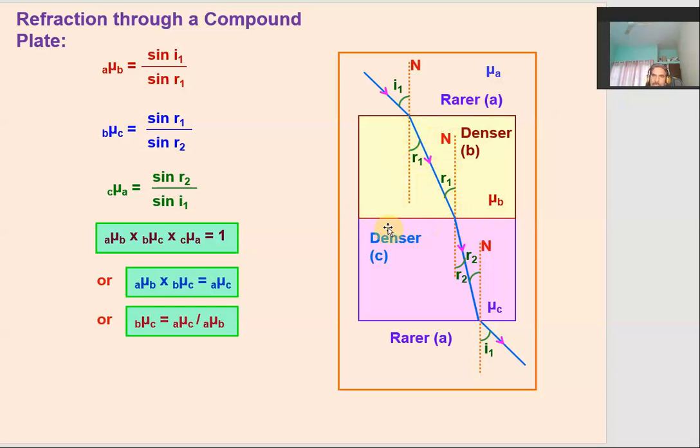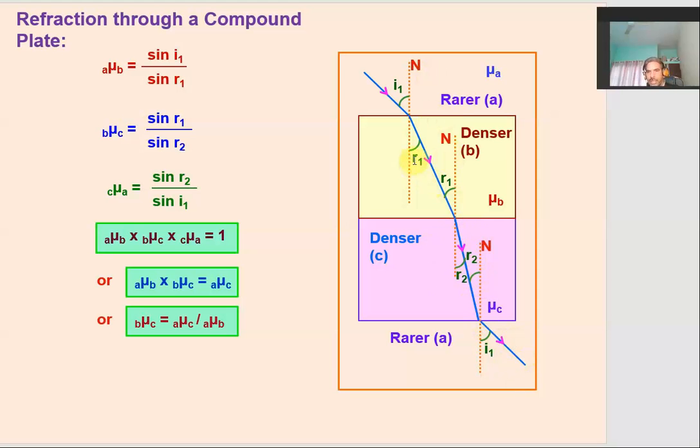Now the medium is changed to some other medium C, which is an even denser medium. So the light ray will again bend towards the normal slightly, right? Now this light ray is traveling in the third medium. Earlier it was traveling in the rarer air medium, then in the glass medium, then in this even denser medium, for example water. Finally the light again emerges into the same air medium.